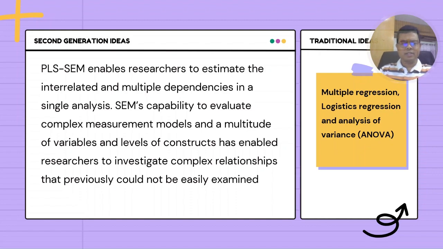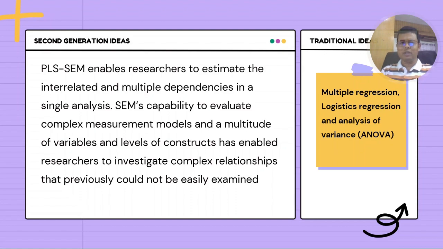But in the second generation, when you have multiple constructs or factors and multiple dependent variables, predictor and target variables, in many cases you're unable to use the traditional ideas like multiple regression or logistic regression.